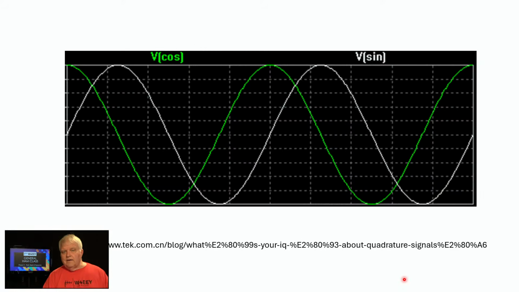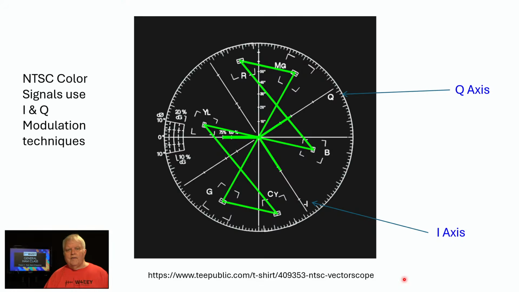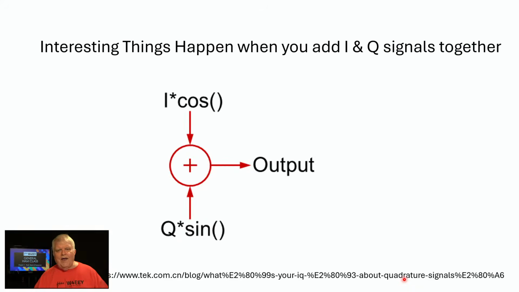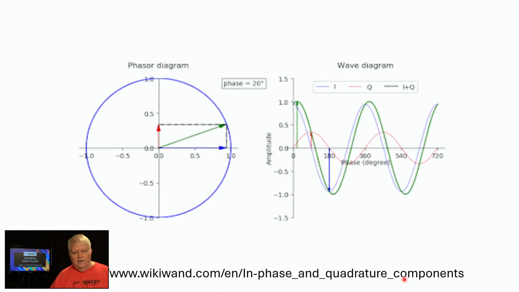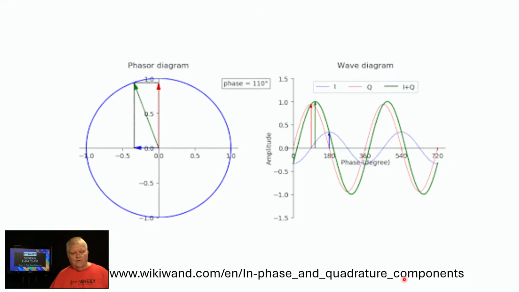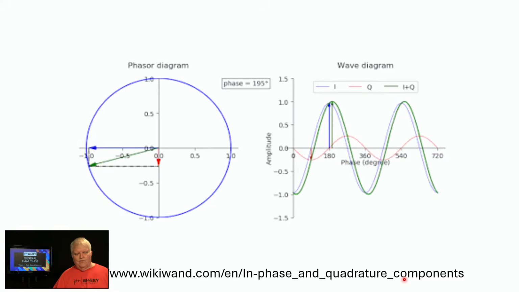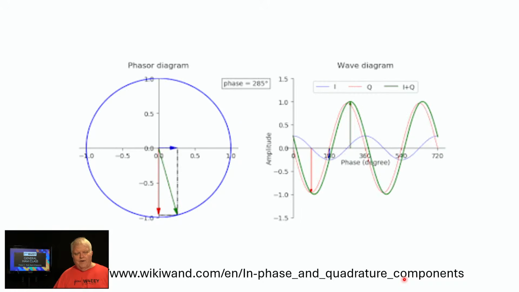Well, in the color signal for analog television, the I and Q signals were used to generate the full color spectrum that would be transmitted and reproduced. And interesting things can happen when you add I and Q signals together. Here's a graphic which shows the two signals and the output from it.